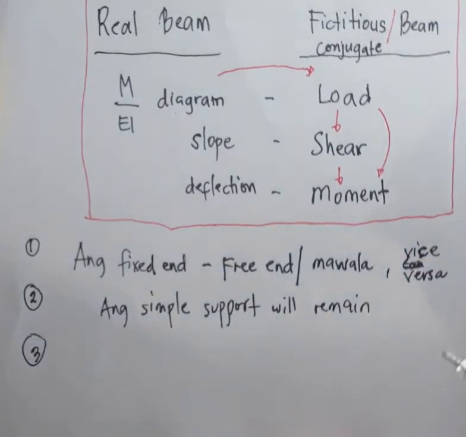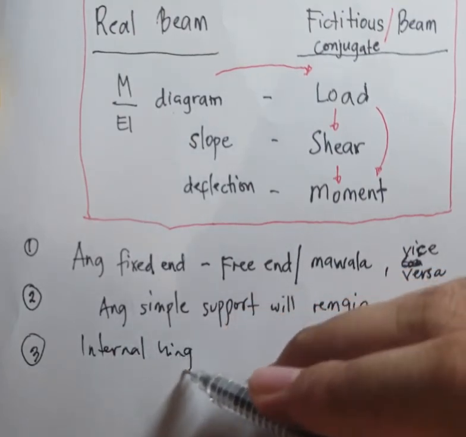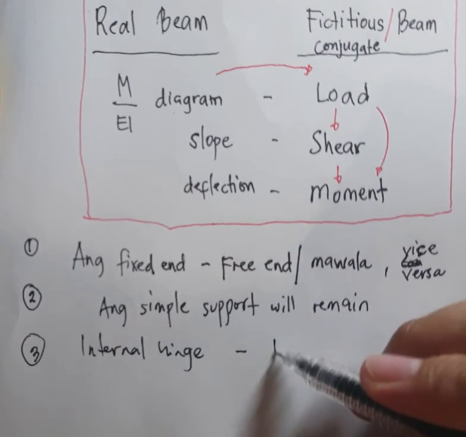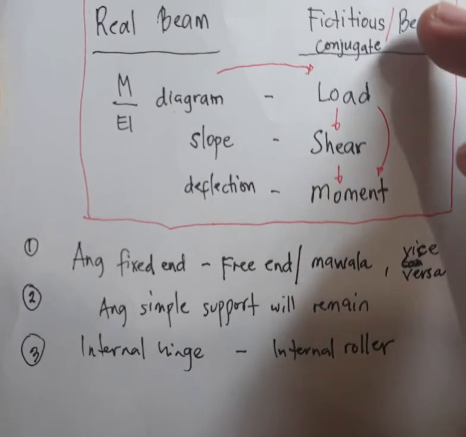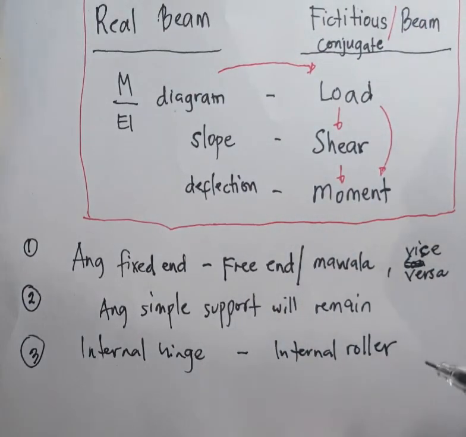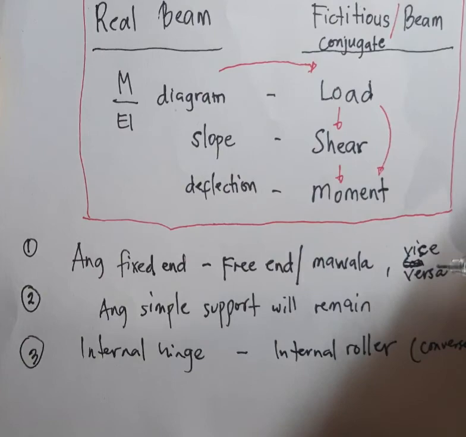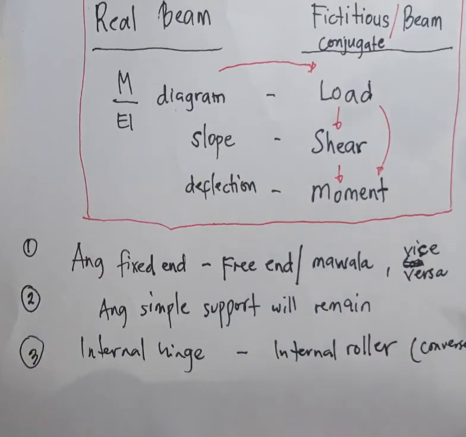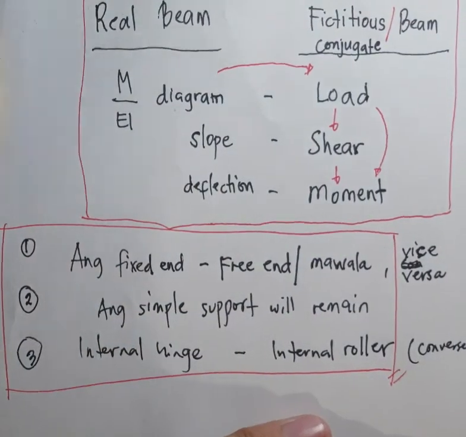For then last is ang internal hinge will become an internal roller sa conjugate beam or fictitious beam, and vice versa or conversely. Okay. So kana lang kanang tulo.